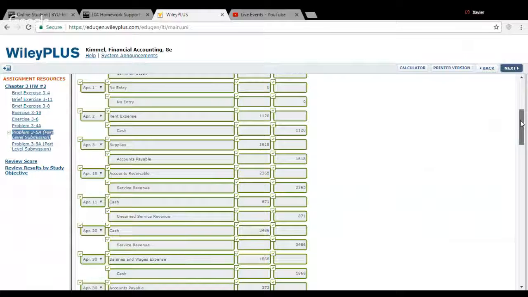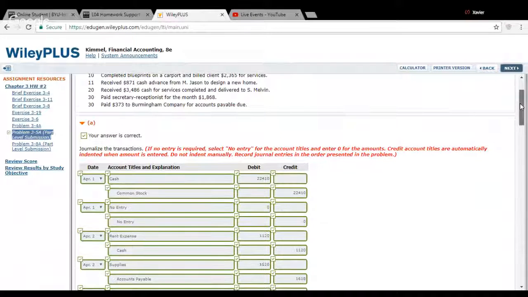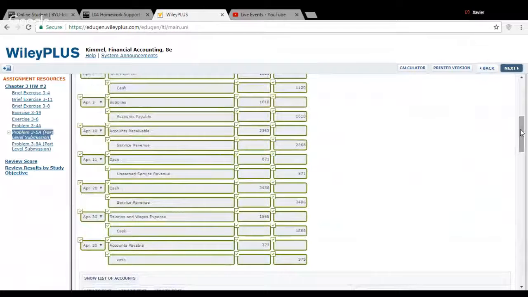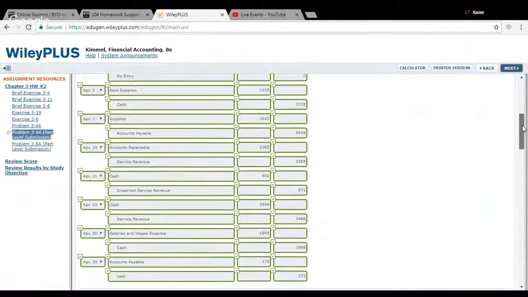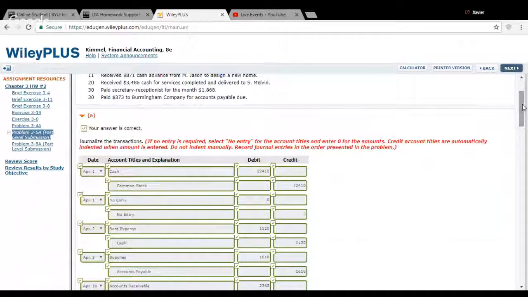The next one, April 20th, looks like we received $3,186 cash for services completed. So we're going to debit our cash, and then we're going to credit our service revenue because it was a completed service. And the last two, this is where we paid the receptionist that we hired.